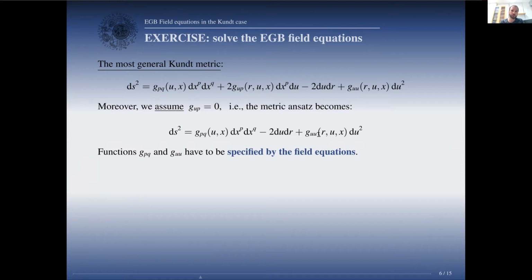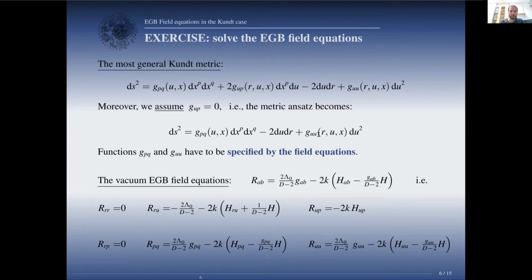Okay, so now we have to employ the Einstein-Gauss-Bonnet field equations, and we can rewrite them in this form using their trace.